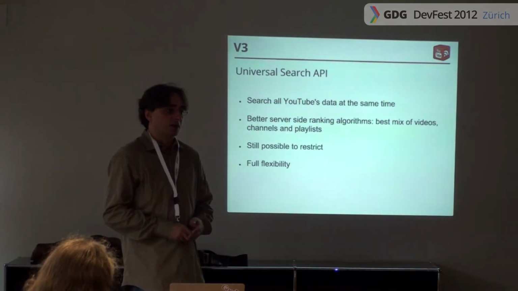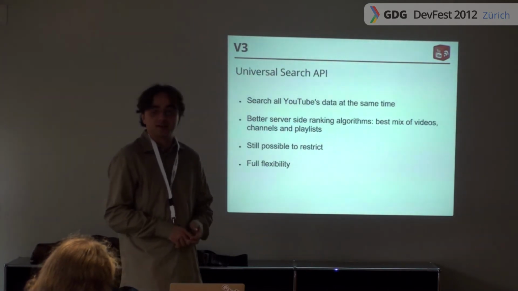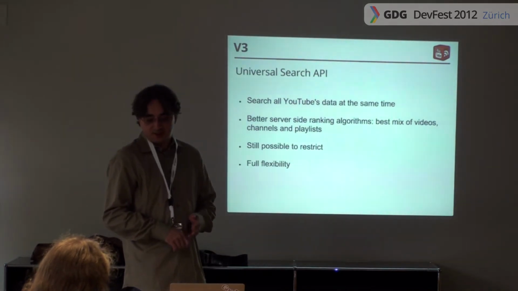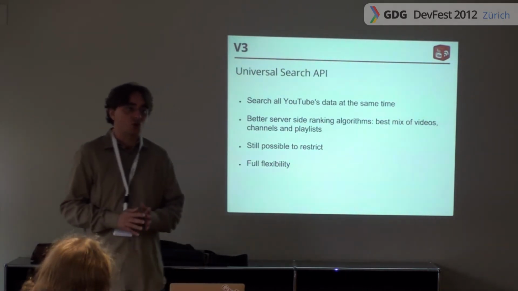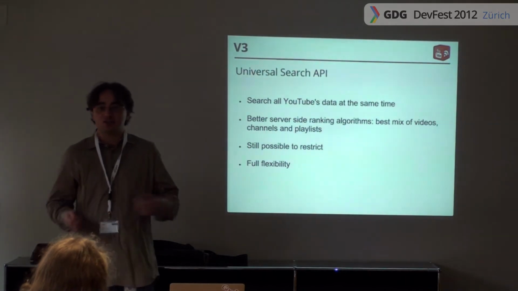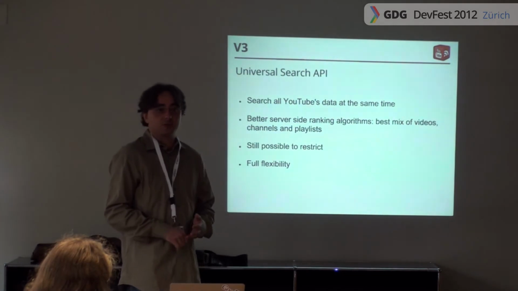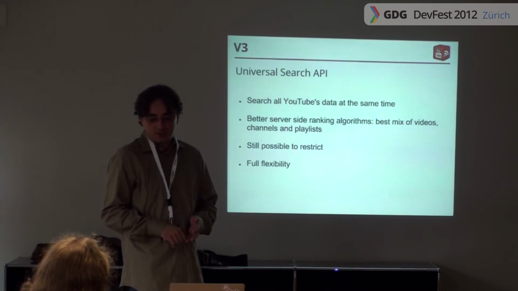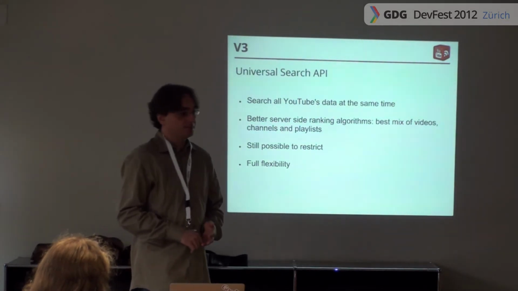It could be that a playlist is more strongly related to your search query than a single video, so it would be first in the results, but it could be the other way around. So basically, we give you the most relevant results across all YouTube entities, including playlists, channels, and videos. But you can also restrict to videos only if you want. So it gives you much more flexibility and better results.